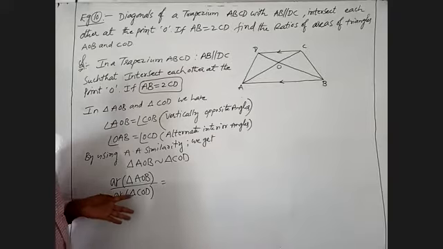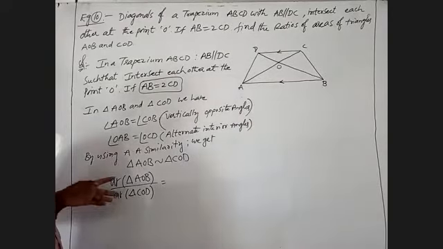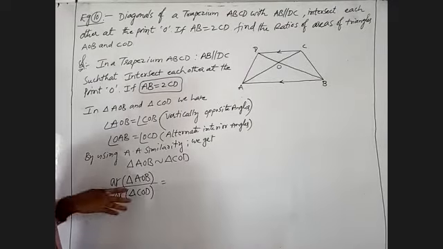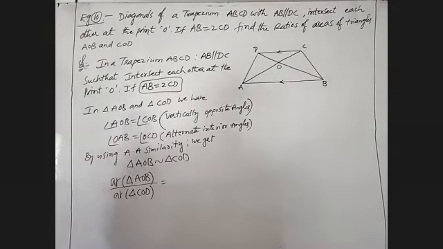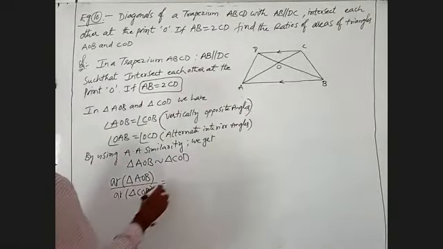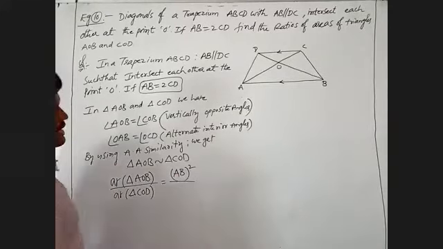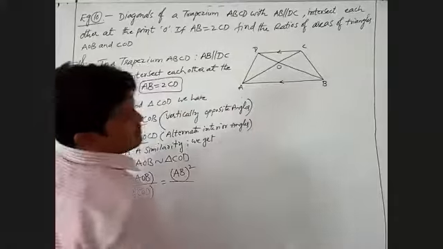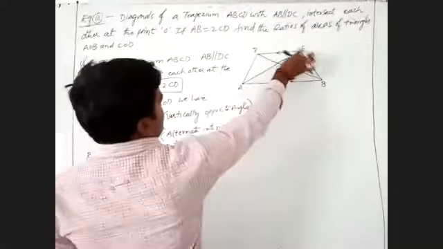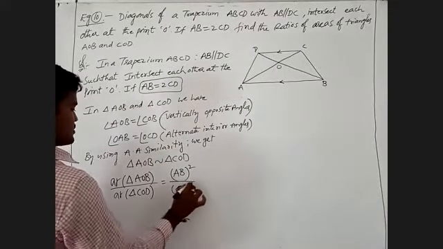The ratio of areas of two similar triangles is equal to the ratio of the squares of their corresponding sides. Here the corresponding side in triangle AOB is AB, so AB whole square, and in triangle COD the corresponding side is CD, so by CD whole square.